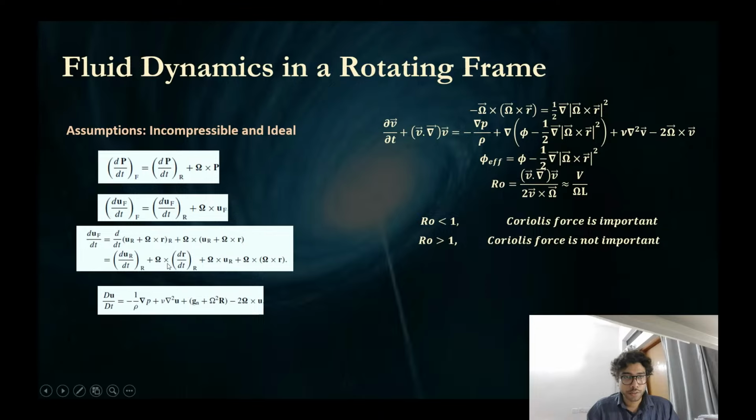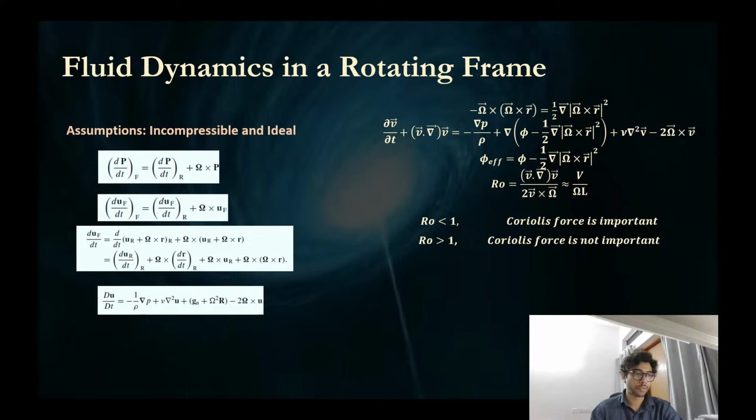And if you see, this dr/dt is again u_r. So this will be omega cross u_r plus omega cross u_r, so this will be 2 times omega cross u_r. Right? So this term, 2 times omega cross u_r, is what is called the Coriolis force. We have studied this Coriolis force in high school as well.